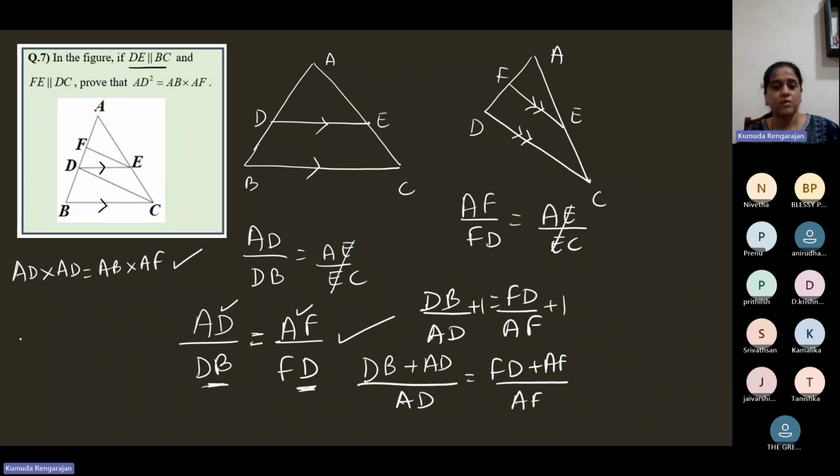What is DB plus AD? See the figure. AB by AD equals, what is FD plus AF? See the figure. AD by AF. Now cross multiply this. AD square is equal to AB.